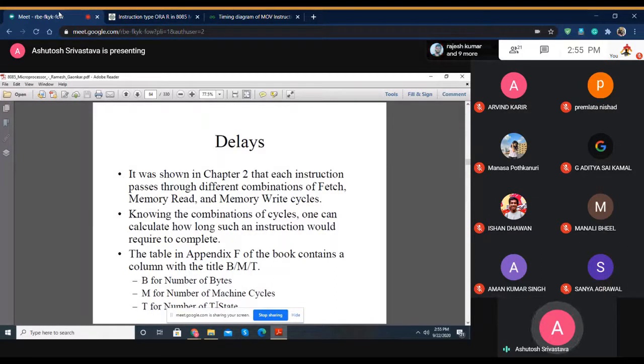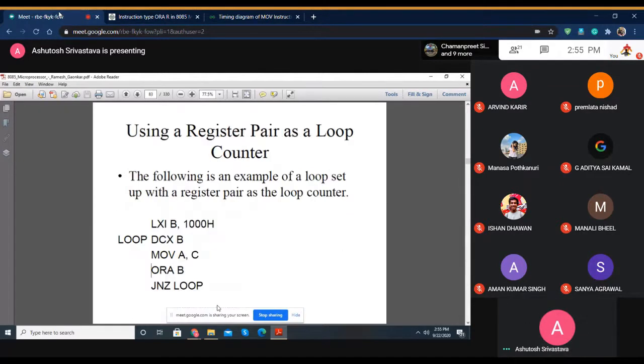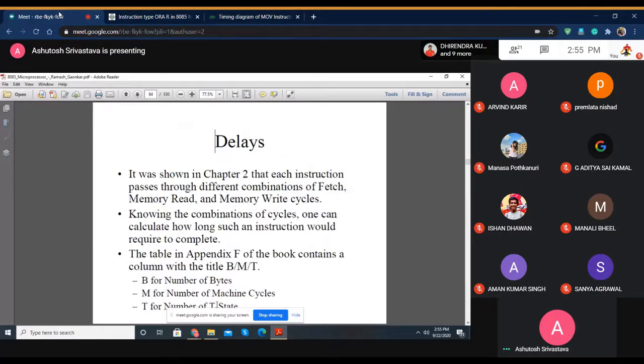So we will be talking about the bytes, the machine cycles, basically instruction cycle, machine cycle, and T states. In our subsequent classes, we will give you the complete definitions.